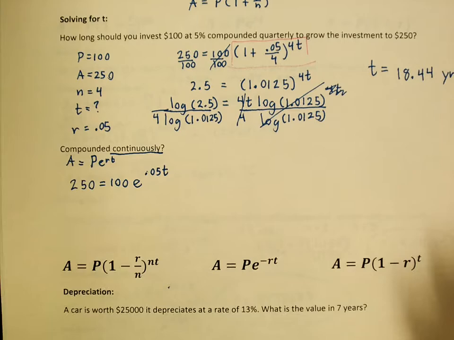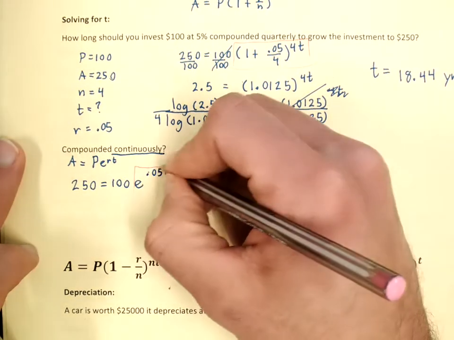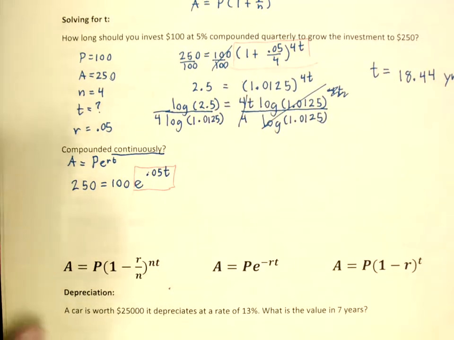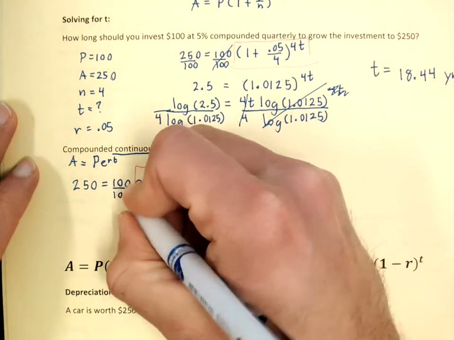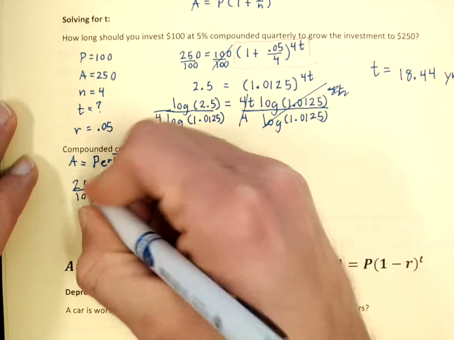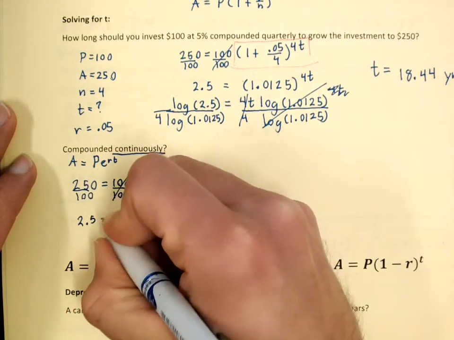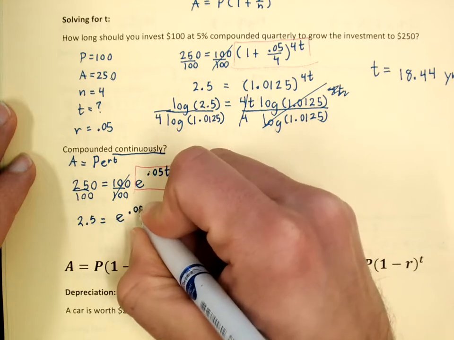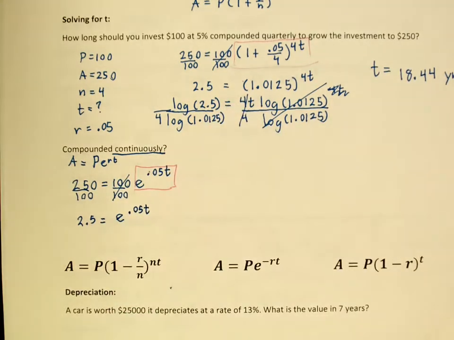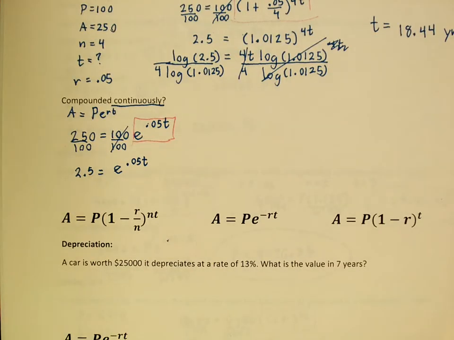So one more time, I'm going to try to isolate the term with the exponent, the exponential part, I suppose. So we start off by dividing by 100. So you get 2.5 is equal to e to the power of 0.05t. Now, on this one, here's the deal. You can actually take the log of both sides just like we did the last time, but I know that the inverse of e is the natural log.